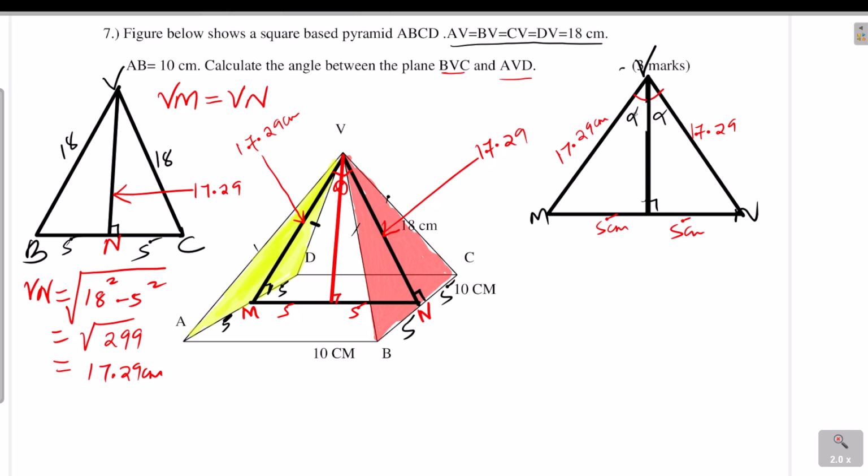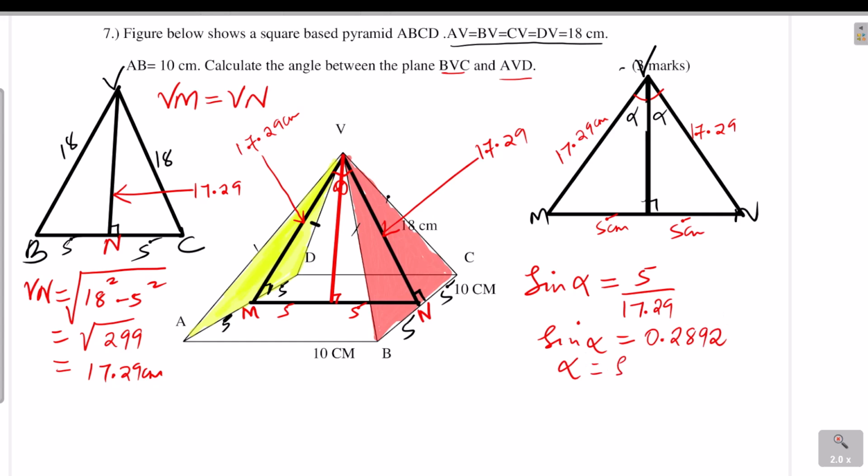So how do you get alpha? You can use sine. So sine of angle alpha is given by the opposite side of that angle, which is 5, over the hypotenuse, which is 17.29. So sine alpha equals 5 divided by 17.29. That will give 0.2892.